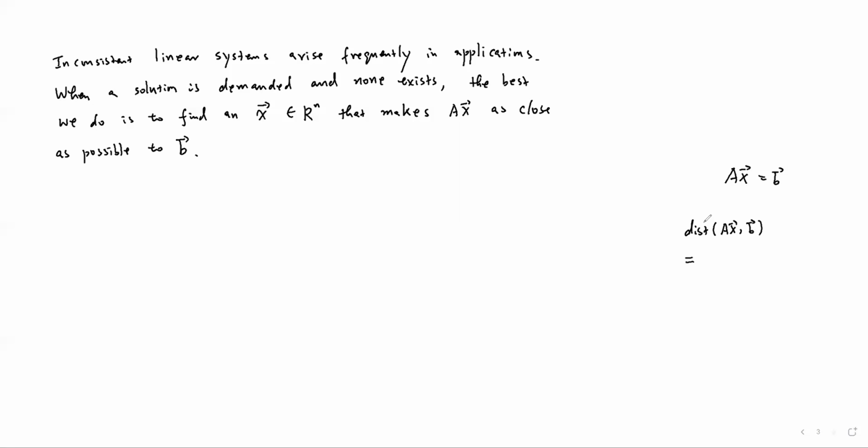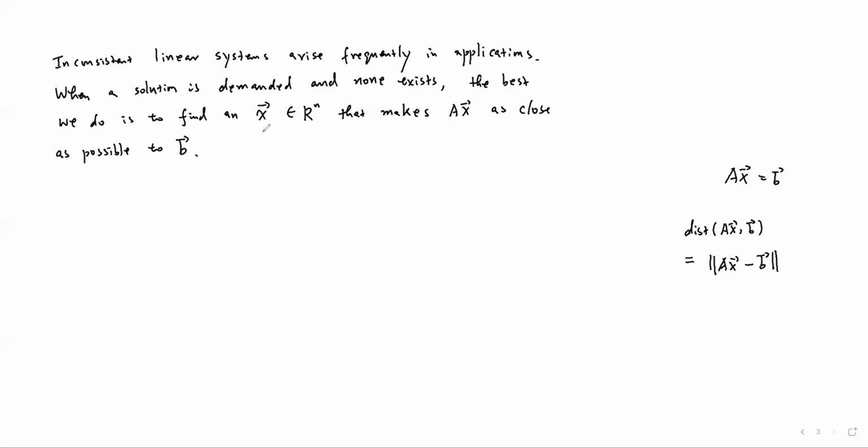We have a formula for distance between a vector and a second vector: the first vector minus the second vector, then take the length. This is the distance, right?